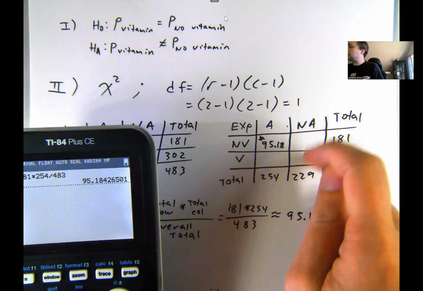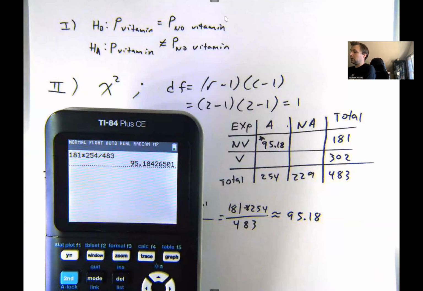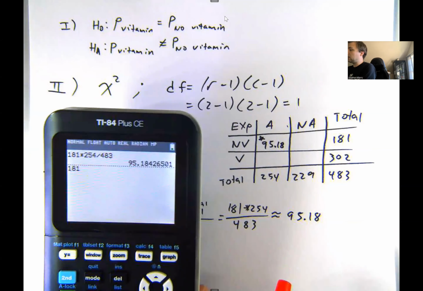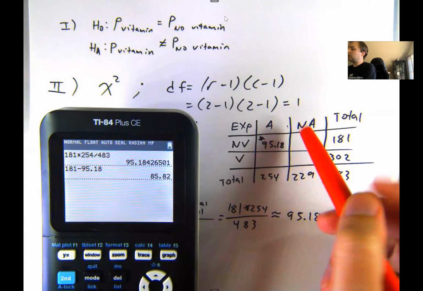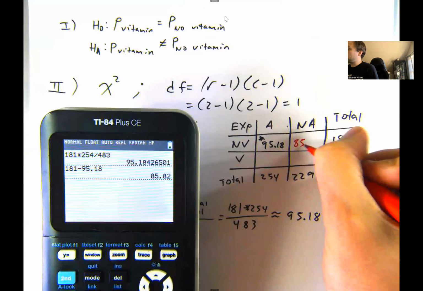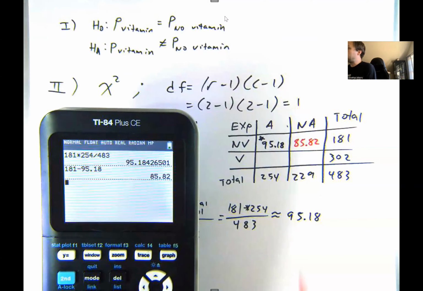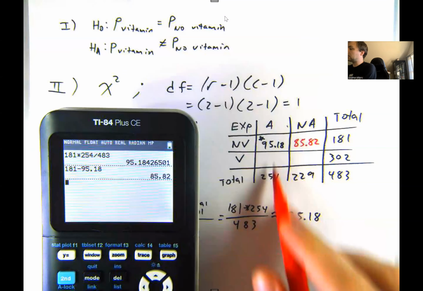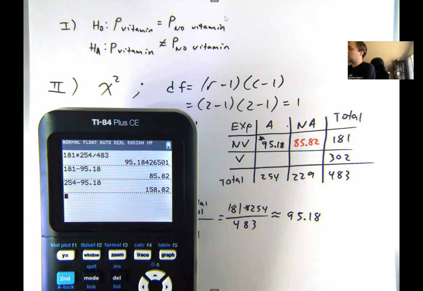So to find these missing cells, I can just use addition and subtraction. So I can do 181 minus this 95.18 to get this value here of 85.82. To get this value here, I can just go up and down and do 254 minus 95.18.